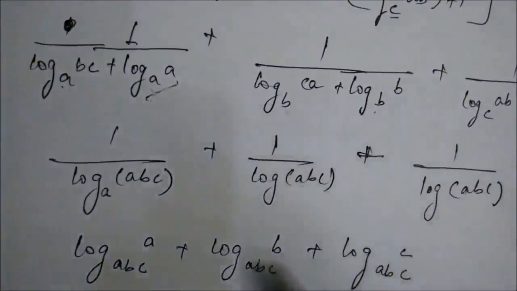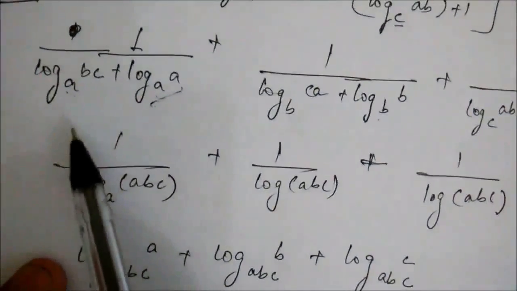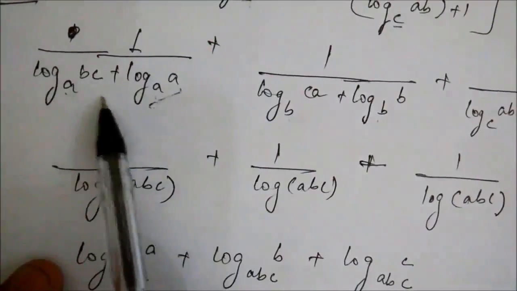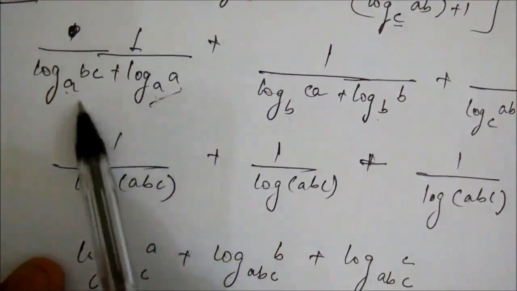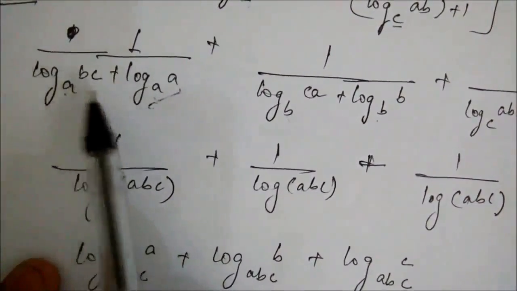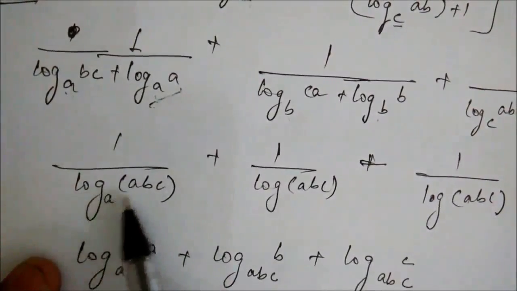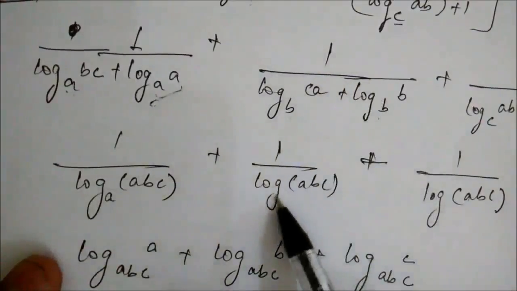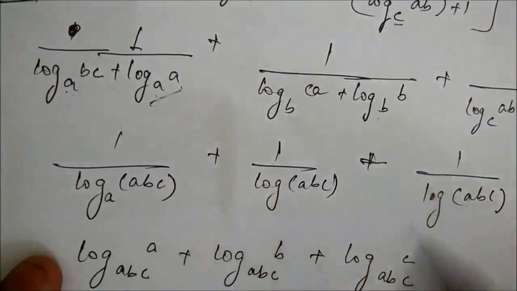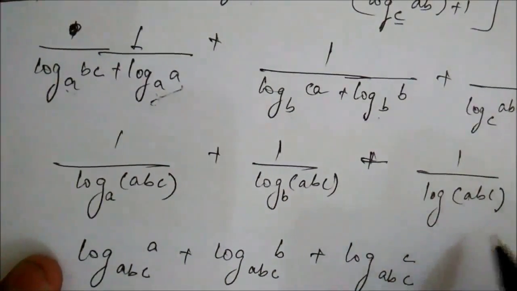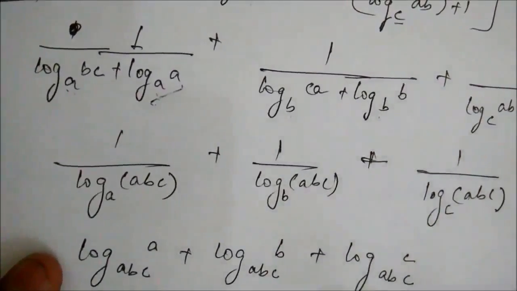Now we can see that we have got common bases in each part, so we can apply the logarithmic property, and having the same bases with addition in between, we can multiply both the values. So using that property, log abc to the base a, for the second part log abc to the base b, and log abc to the base c.